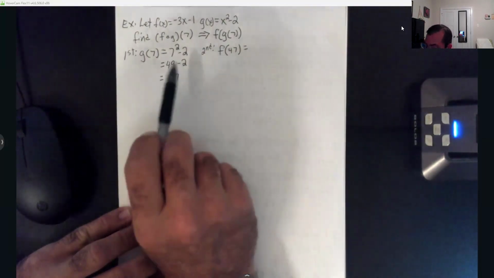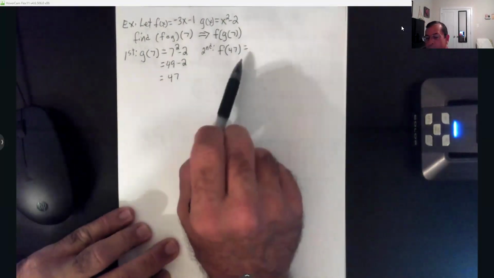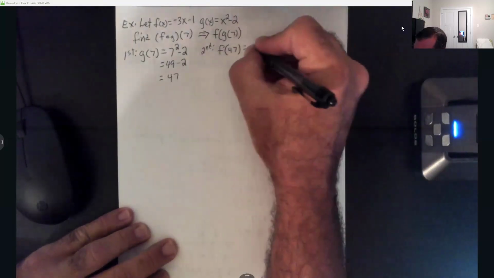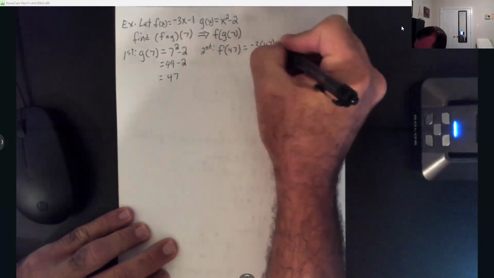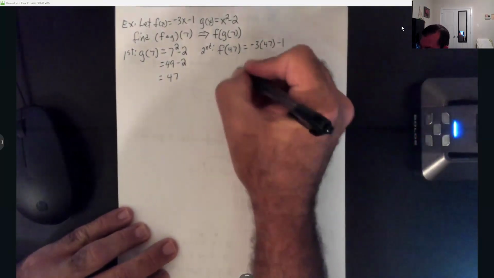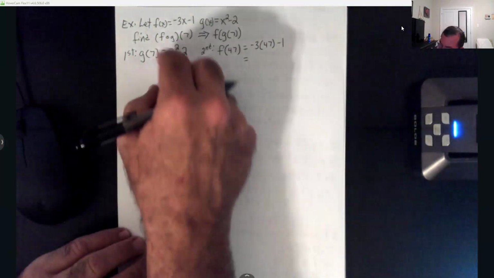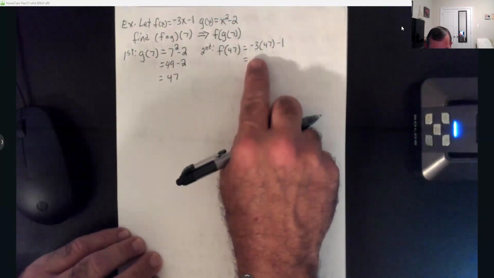So y'all with me, y'all? The 7 went into the g, but now that 47 answer is going to go into the f. So f of 47 will be a negative 3 times that 47 minus 1. Okay? So we're basically putting this function's answer into my f. Well, let's see, what is that?